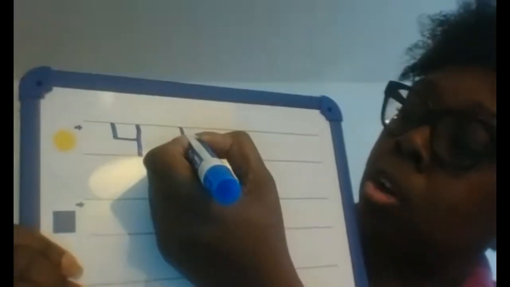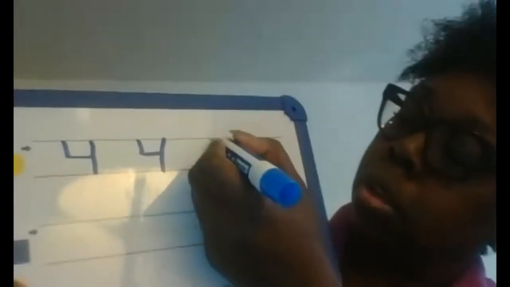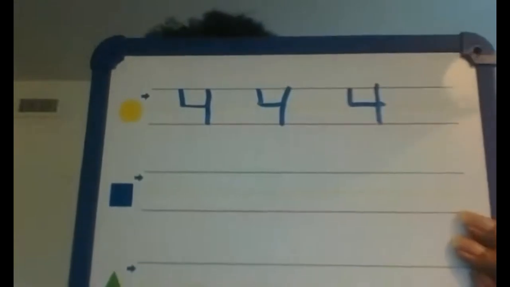Put your magic finger up and let's pull down to the midline, slide over, and pull down. And one more. Pull down, slide, and pull down. There you go. That's how we make the number 4.